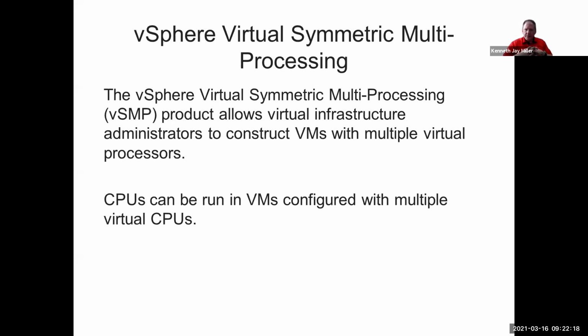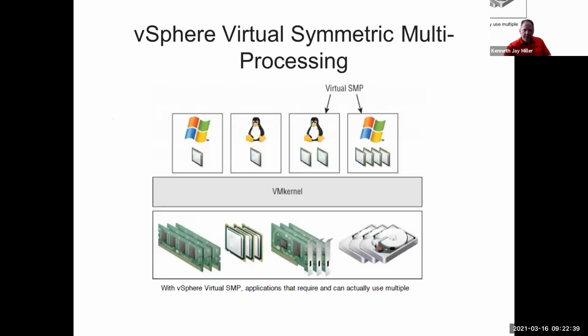Although the CentOS was 1 core, 1 processor, WinServer parent was 2. So it had 2 by default. But this allows us to have up to 32 cores per VM. So this allows us to get bigger and go above that.